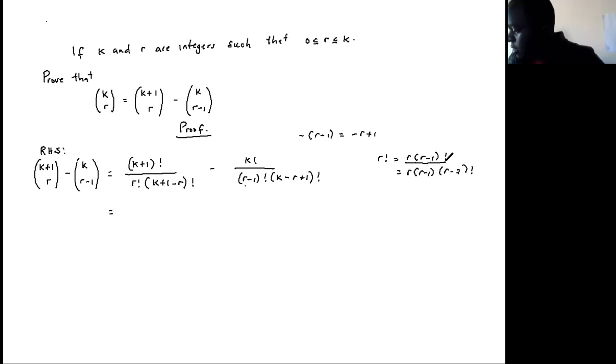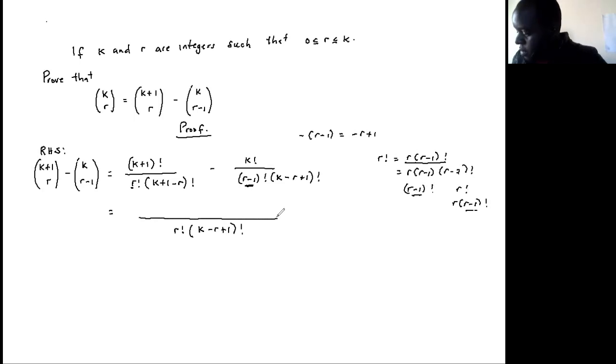If you look at this part, it's got R minus 1 factorial. If you look at this part, it's got R factorial, implying that if I write R factorial in the form R times R minus 1 factorial, then the common denominator between this one and this one is the R factorial. So I'm going to write R factorial down, and then these other two are just the same. So I have K minus R plus 1 factorial.